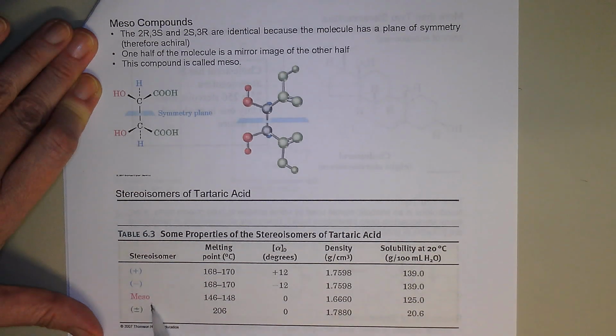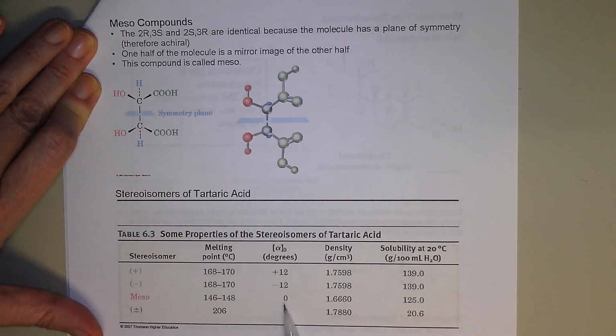But if you have a meso compound in there that has the same formula but is arranged slightly differently, it will have different physical properties. It'll be slightly different, okay? And its specific rotation will also be 0. It will not be optically active either, okay?